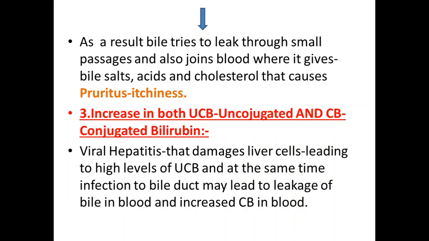So due to this, what is happening? The unconjugated bilirubin level is rising in the blood. Similarly, at the same time, the conjugated bilirubin, due to inability to transport and get metabolized, its level is also increasing in the blood. And this is also one of the reasons which leads to jaundice, or technically it is called hyperbilirubinemia.